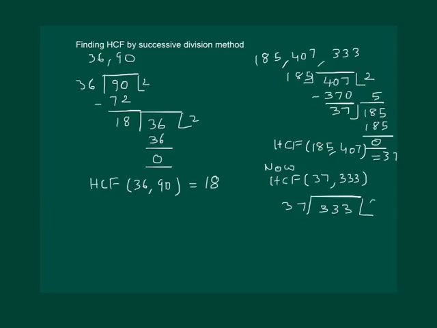Here we can see that it is completely divisible and we are getting remainder 0. So whatever HCF we get here is the HCF of the three numbers. In this example, the HCF is 37.